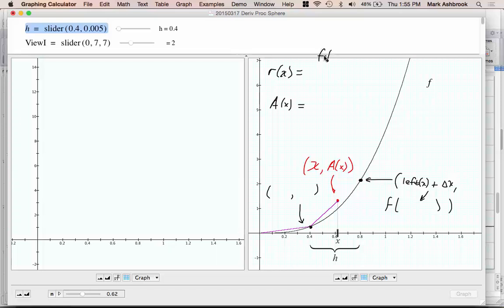Good. F of left x plus delta x, the final y, right? Minus initial y, which is f of left x, and then you can just do over h, because that's what delta x is. Change in y over change in x.